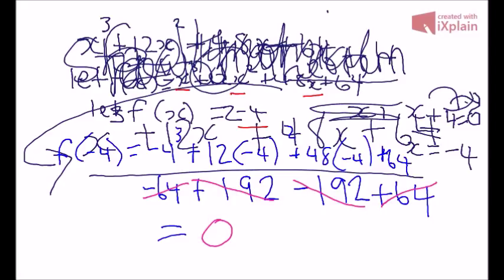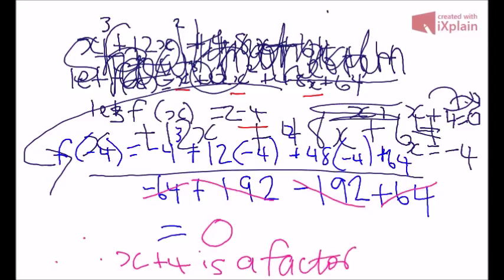So, you have a final statement. Therefore, x plus 4 is a factor. That is one way of doing it. I would like to show you guys the other way, as long as the screen clears up.